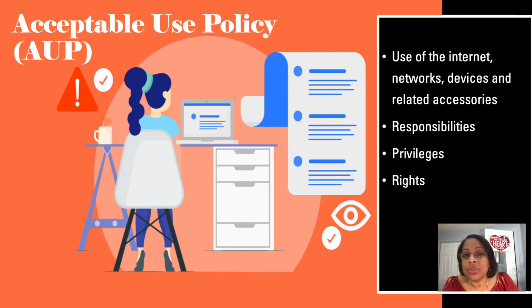And that includes the use of the internet, the school's network or division network, devices, and related accessories, hardware and software. Students will need to learn what responsibilities they have, that there are privileges and rights that come with using the resources provided. How will you include that in your technology integration plan?